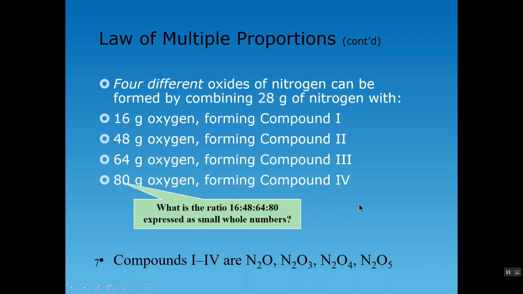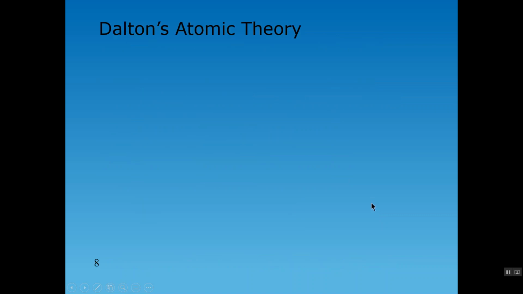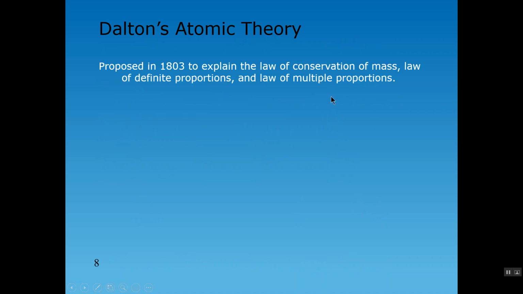Okay. So those are just some laws that we need to talk about before we move on to the next topic, which is Dalton's atomic theory. So this is a theory that was put forward by an Englishman. He was actually a school teacher. His name was, I forgot his first name, last name Dalton, obviously.